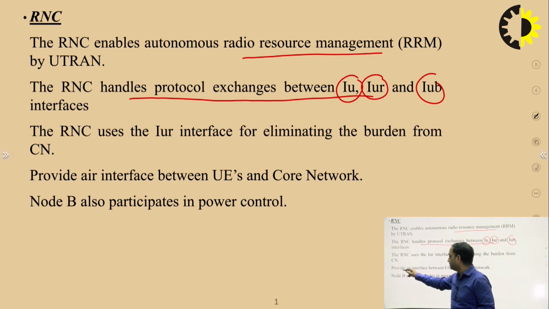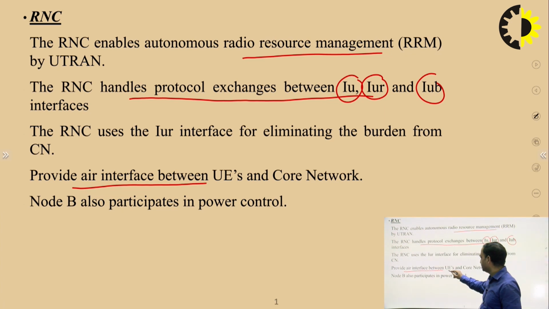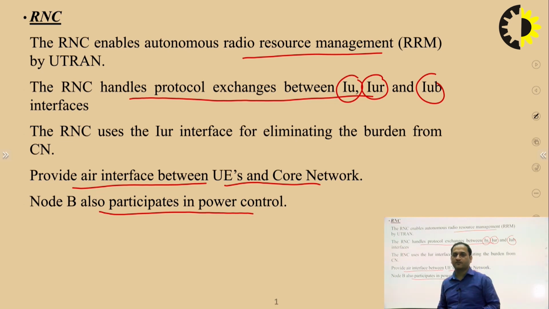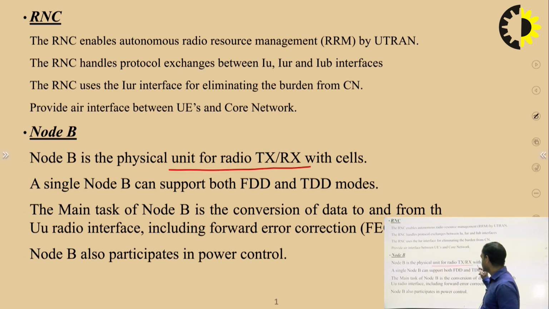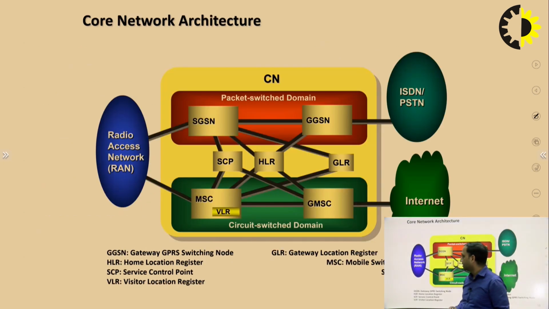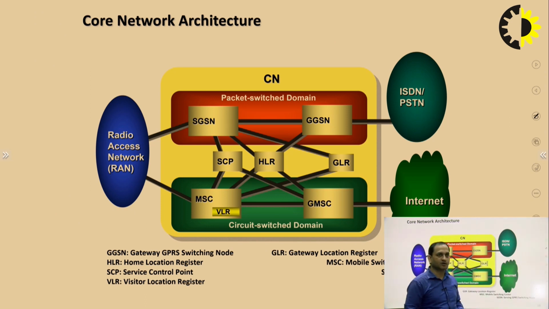So here this RNC provides the air interface between the UE and the core network, and node B also participates in the power control between the users. So the RNC is the radio network controller, and node B is the physical unit of the radio transmitter receiver cells.